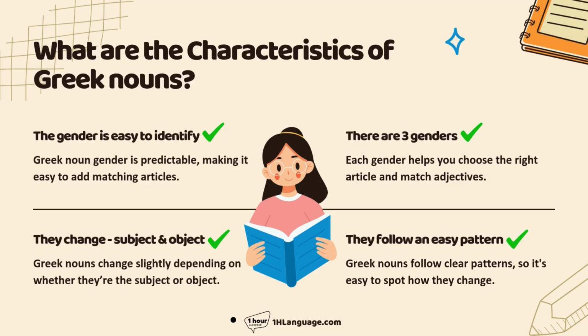Third, Greek nouns change slightly depending on their role in a sentence, whether they're the subject or the object. This is important for grammar later on. And finally, the good news is Greek nouns follow easy patterns. So once you start recognizing those, it becomes much easier to know how words change. Let's keep going and see how this works with real examples.